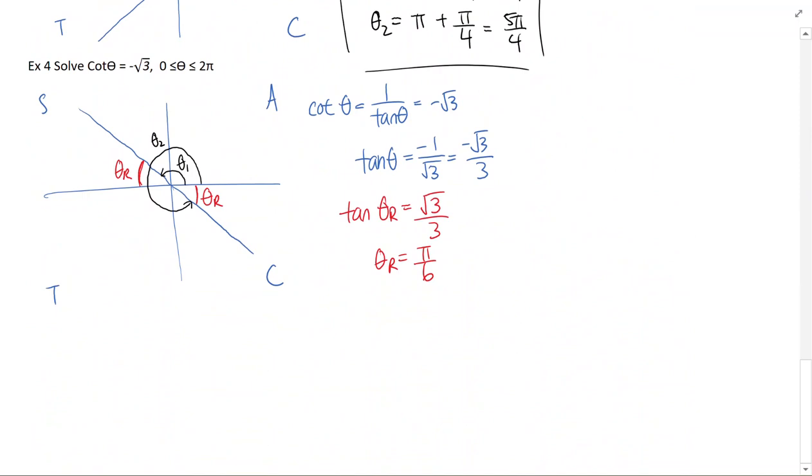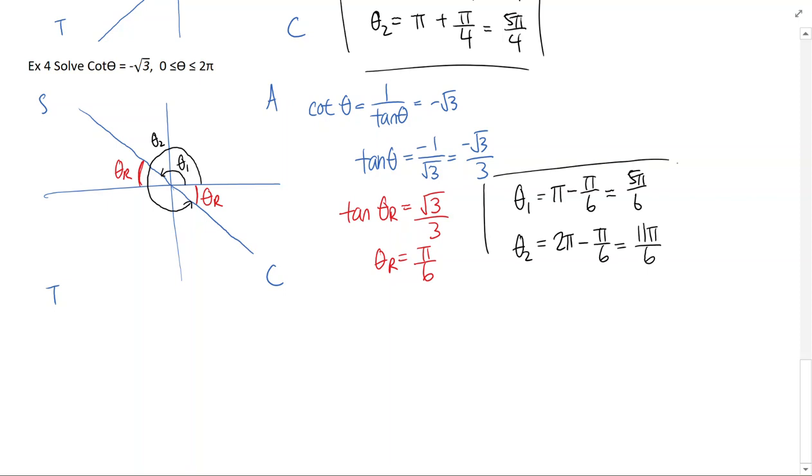Knowing that, we can figure out our angles. For the first one, it's pi minus our reference angle, which is 5 pi over 6. And angle 2 is going to be 2 pi minus our reference angle, which is 11 pi over 6. Okay. And that is it for today.